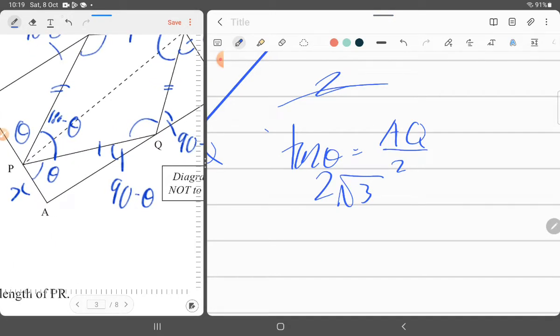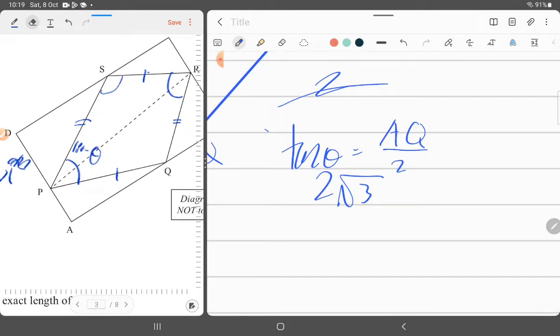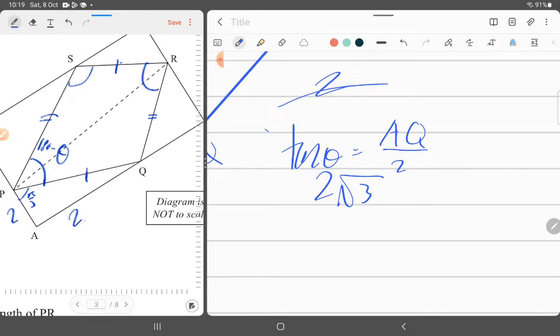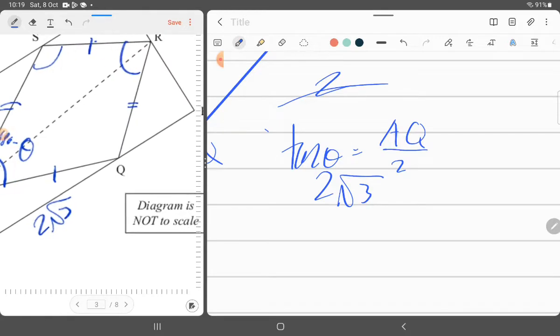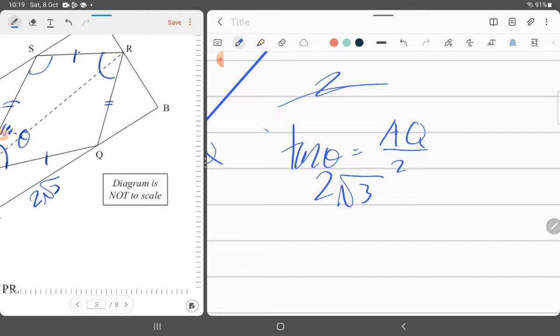So let me just remove this real quick. So here's pi over 3 to 2 square root of 3. Then the distance here is square root of 3.